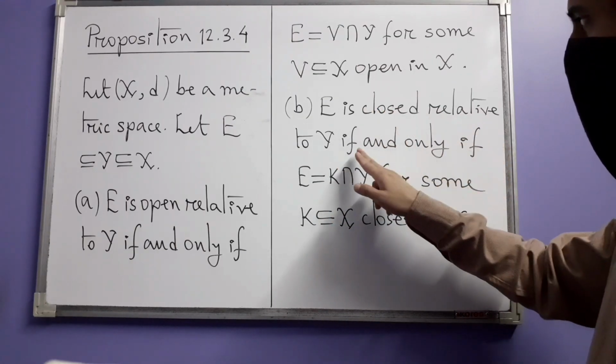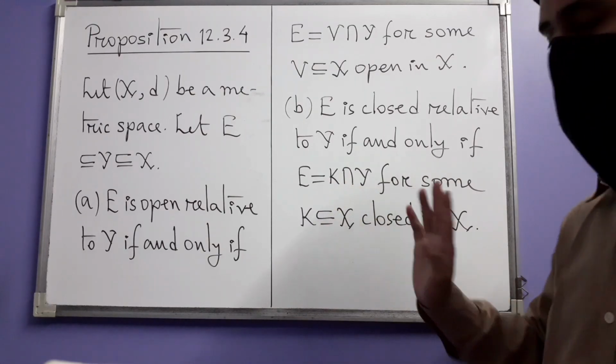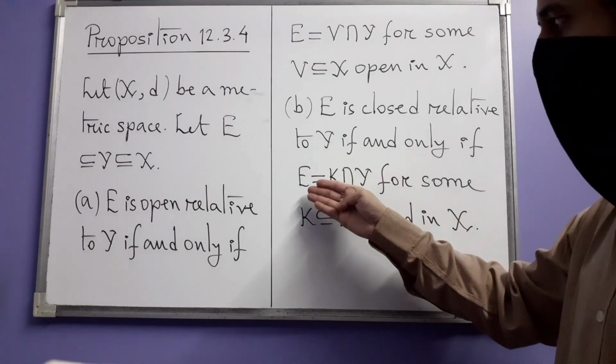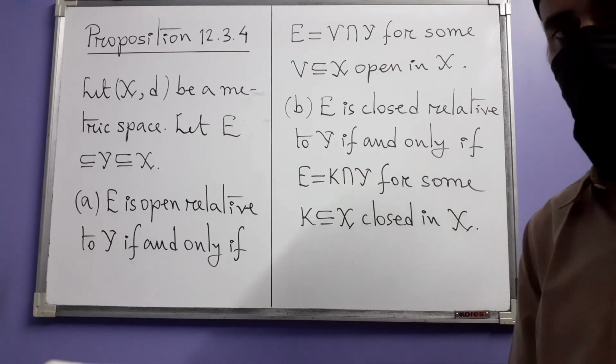E is closed relative to Y if and only if E equals K intersection Y for some subset K of X which is closed in X. This time, because we are asking if E is closed, K is closed.